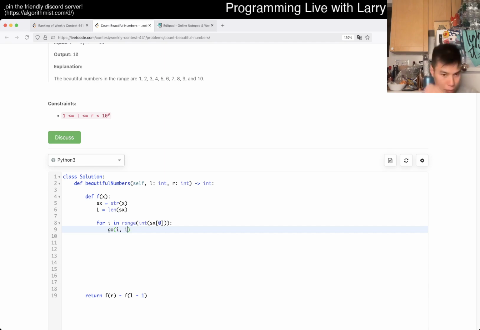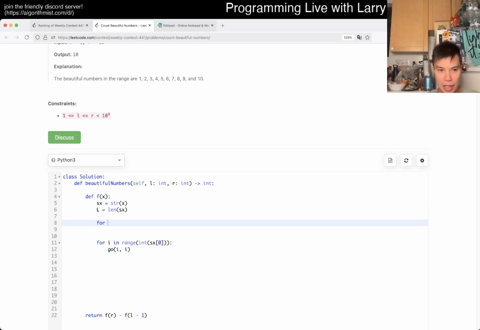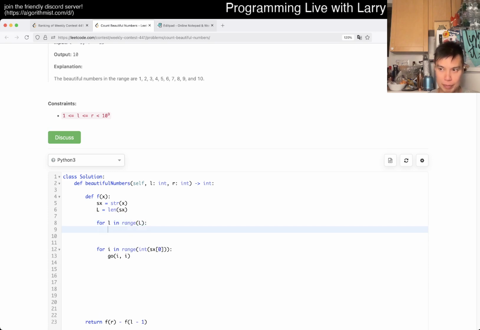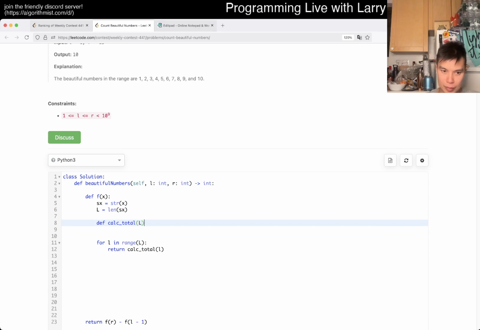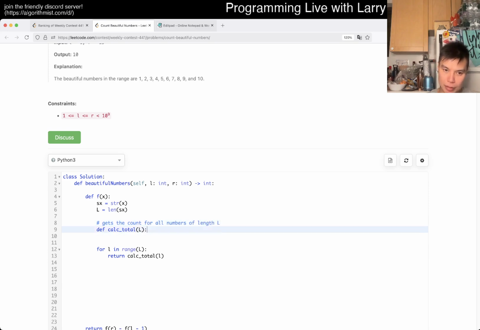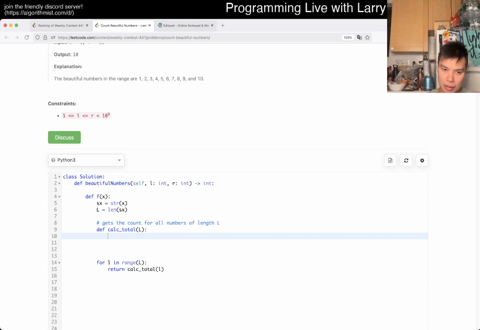So, okay, we can just brute force this, right? Okay, fine. For L in range of L, so that's for the length, right? So return calc of L, maybe calc total. This will get the count for all numbers of length L, right?